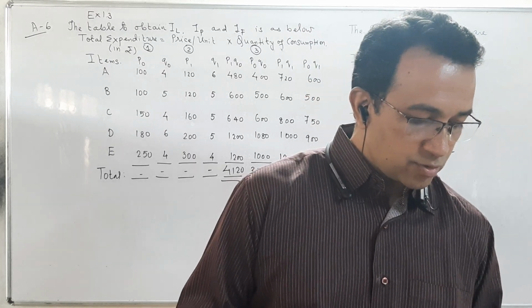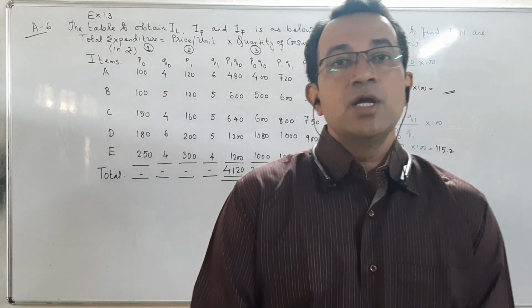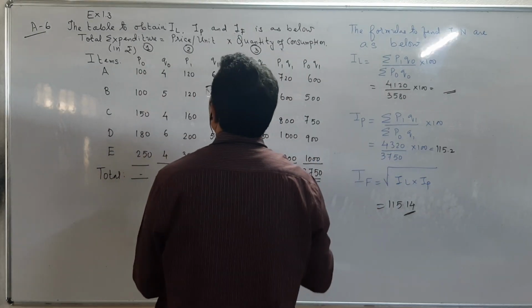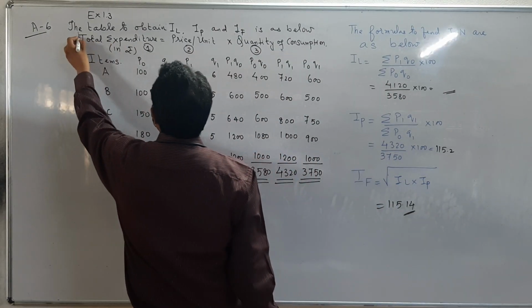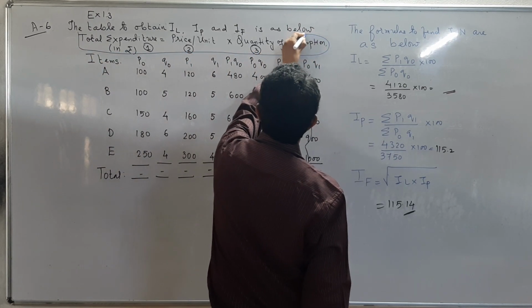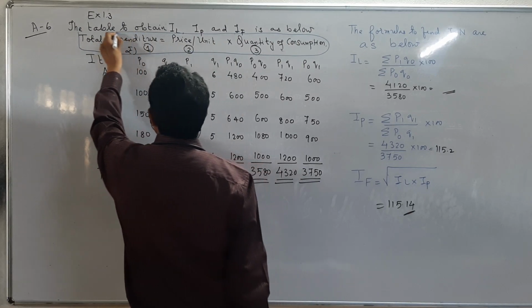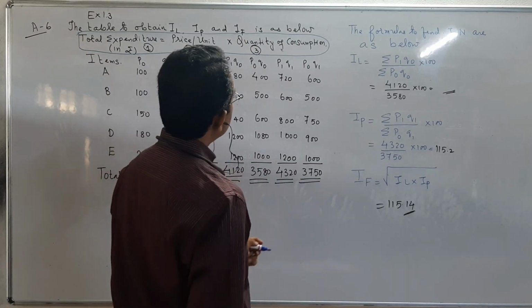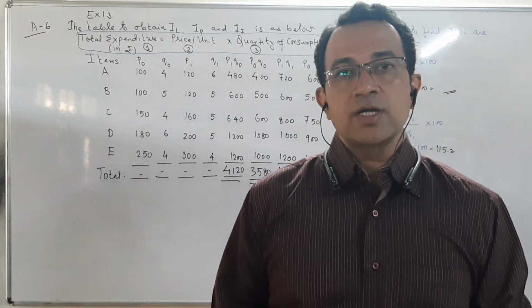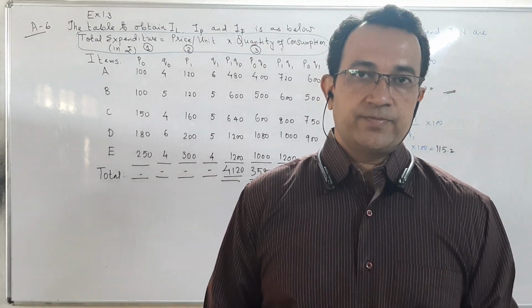So this is what, students, is the question. So today we have learned a new formula, students, and that is this: total expenditure in rupees is price per unit into quantity of consumption. This formula, students, will write in your fair book as well as textbook.